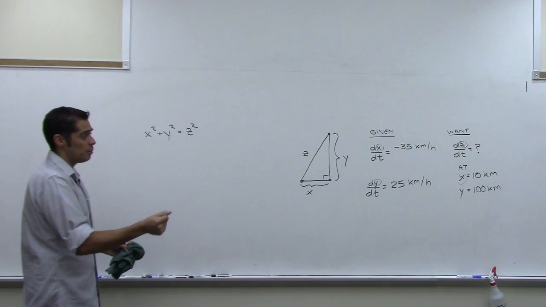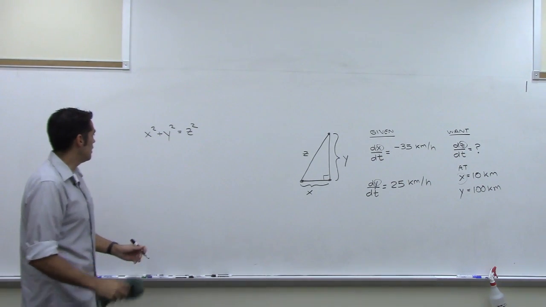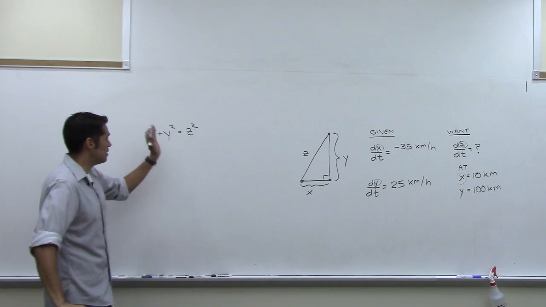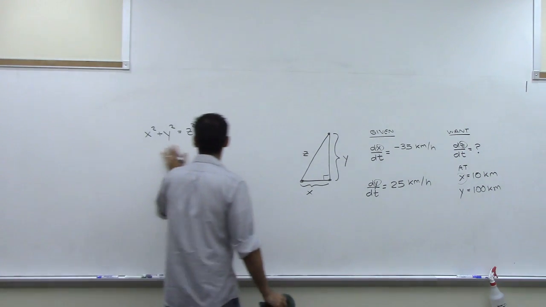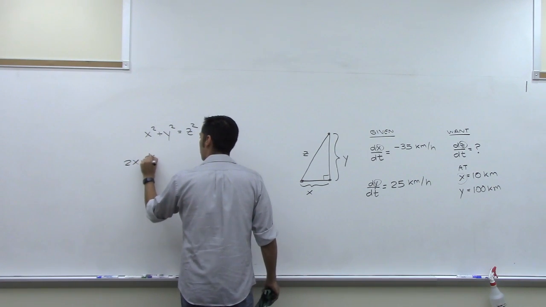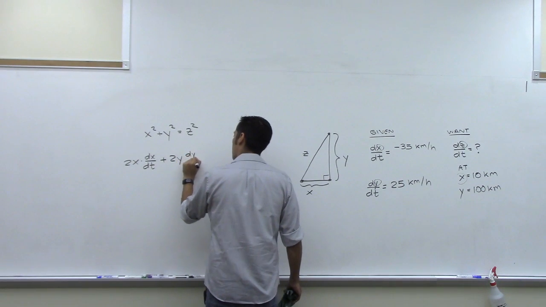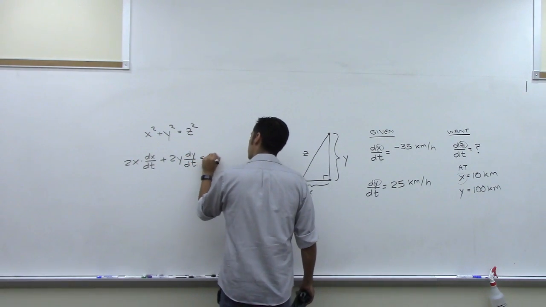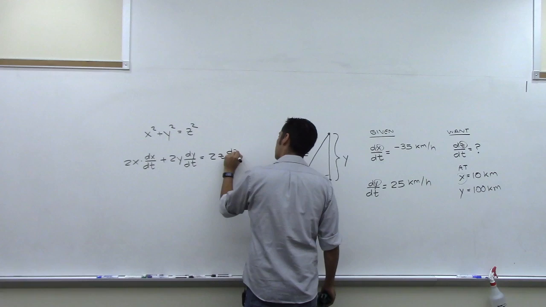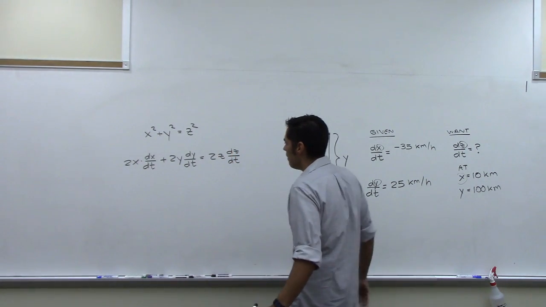At the instant, at 4 p.m., yes, we can talk about what they are, but not yet. We have to take the derivative first. So we take the derivative with respect to time of each of these. And they're all going to look very similar. We have to do the chain rule. So 2x and then the derivative of x with respect to t, plus 2y and then the derivative of y with respect to t, equals 2z and then dz/dt. So all those derivatives we use the chain rule.